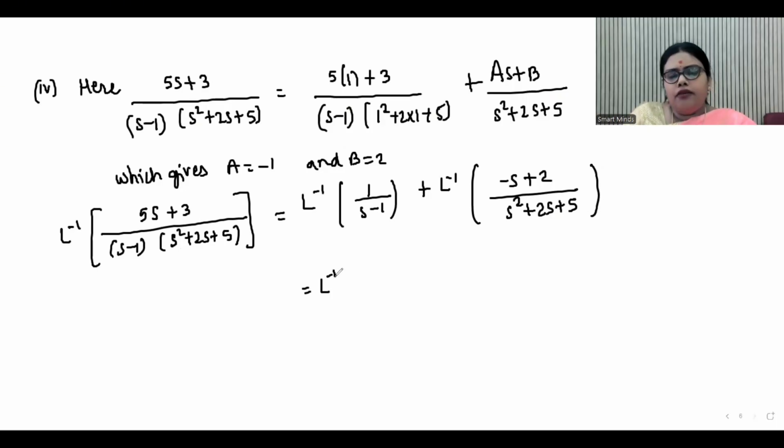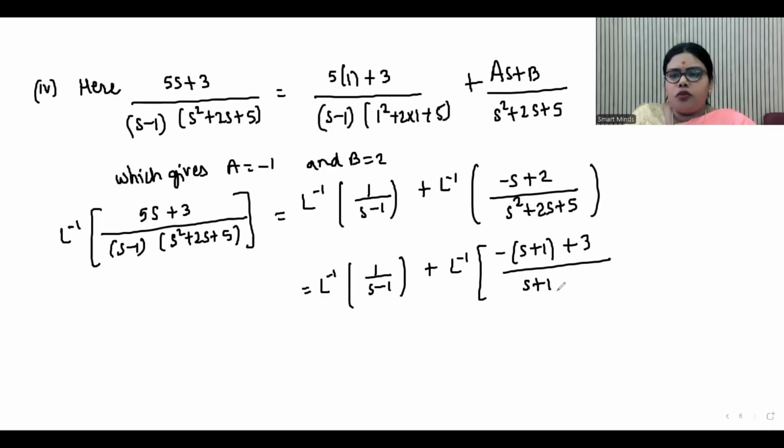That is L inverse of 1 by (s minus 1) plus L inverse of, this we can write, minus of (s plus 1) plus 3 by (s plus 1) whole square plus 4.